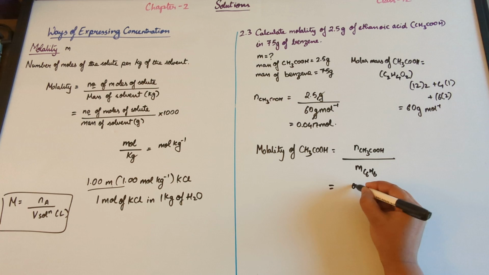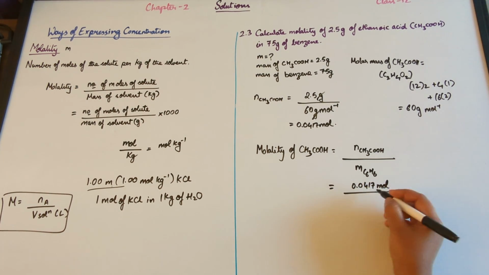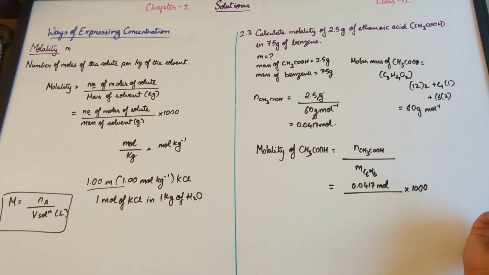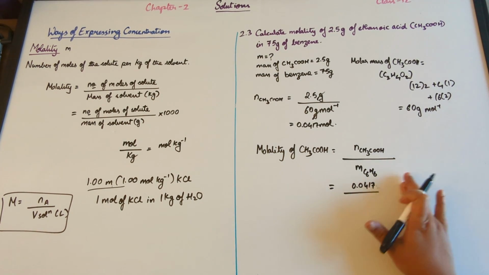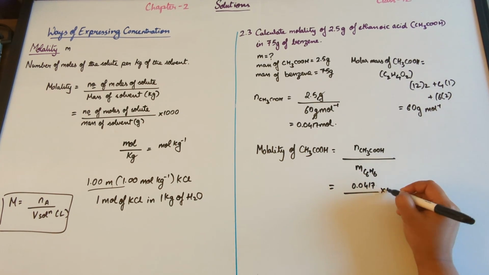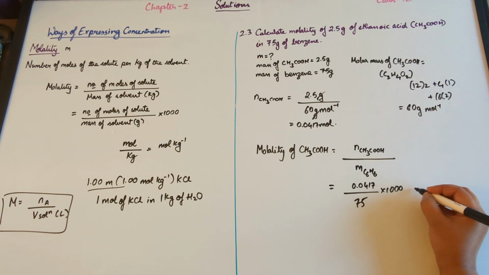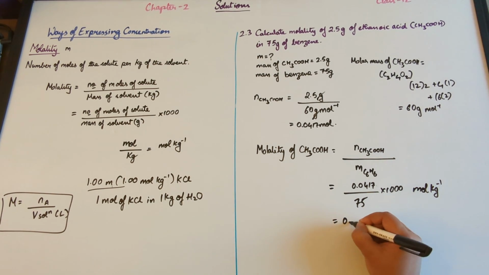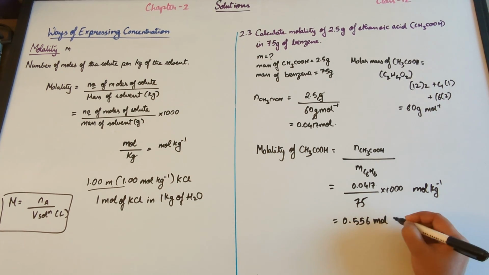So 0.0417 moles, and since we are multiplying by 1000, we'll get it finally in moles per kilogram. So into 1000, divided by 75, and this is going to be moles per kg. When this gets simplified, we get the molality as 0.556 moles per kg.